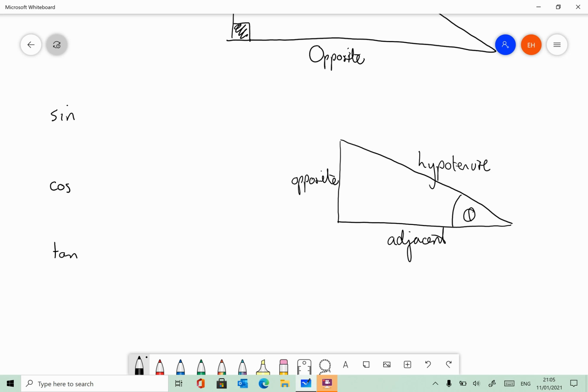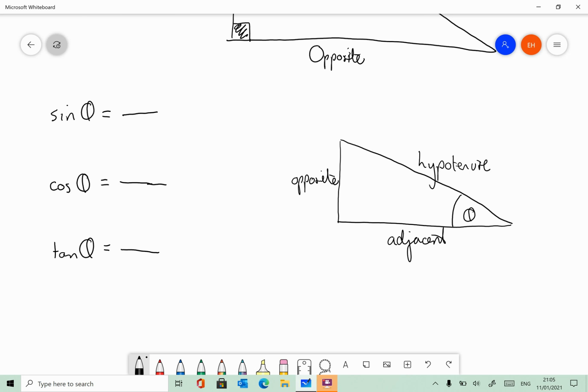Okay, so besides sine, cos and tan, we always put in theta. And these have to be equal to something. And they are always equal to fractions. Okay, so we need to know what makes up the fractions.